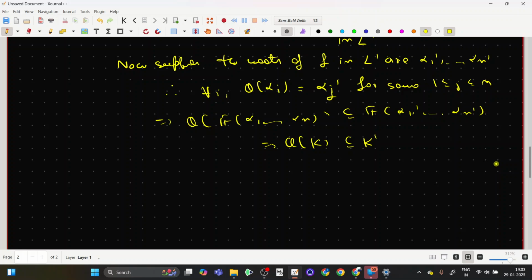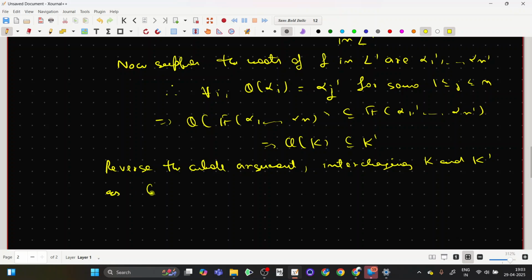But then observe that this whole argument can be applied once again by reversing the roles of K and K prime and taking phi inverse into consideration, right? So reverse the whole argument, interchanging K and K prime, as phi and phi inverse play the same role.